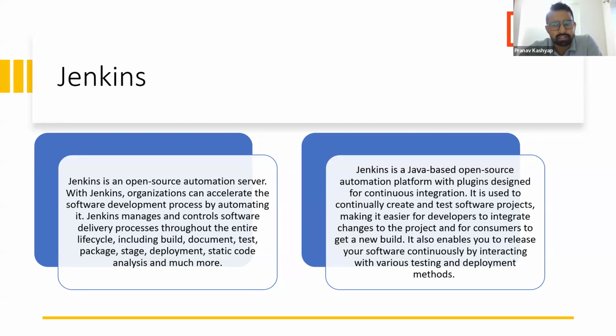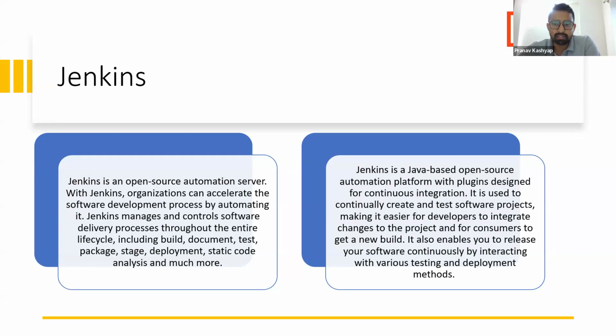Whatever tool you use, you will definitely find its plugin in Jenkins. By that, it makes your life very easy to integrate with that software. If you talk about UiPath, or GitHub, all those plugins are available in Jenkins. Jenkins is used to continually create and test software projects, making it easier for developers to integrate changes to the project and for consumers to get a new build.